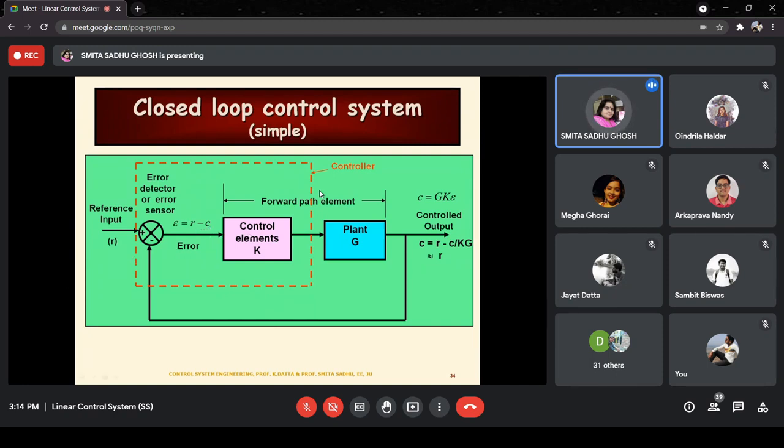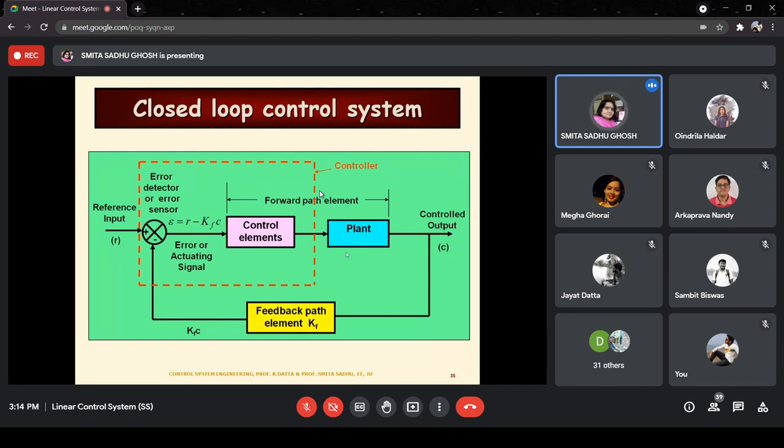And that error is going to be influencing the rest of the actions. However, now we come to the more general system, which is this one. This diagram again shows you a closed loop control system. In this case, however, we have a generalization, in the sense that here we have shown that the feedback path also has an element which is non-unity in general.